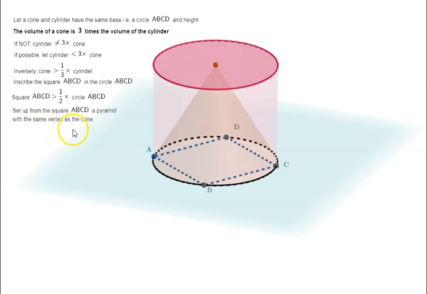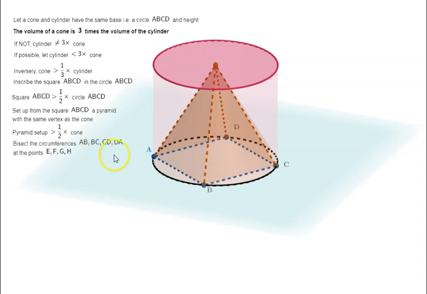Now set up from the square ABCD a pyramid with the same vertex as the cone. Okay, so this is the pyramid. Now the pyramid set up is going to be greater than half of the cone. Bisect the circumferences AB, BC, CD and AD at various points and join them.